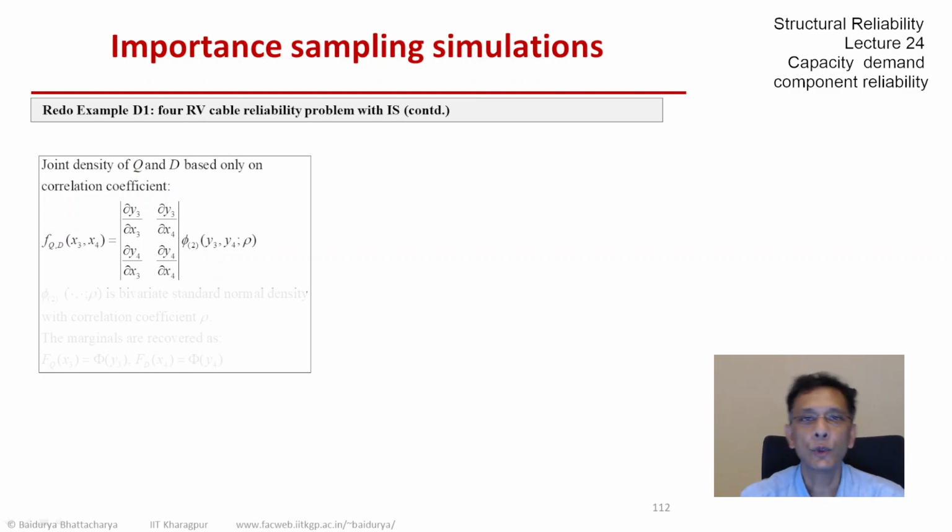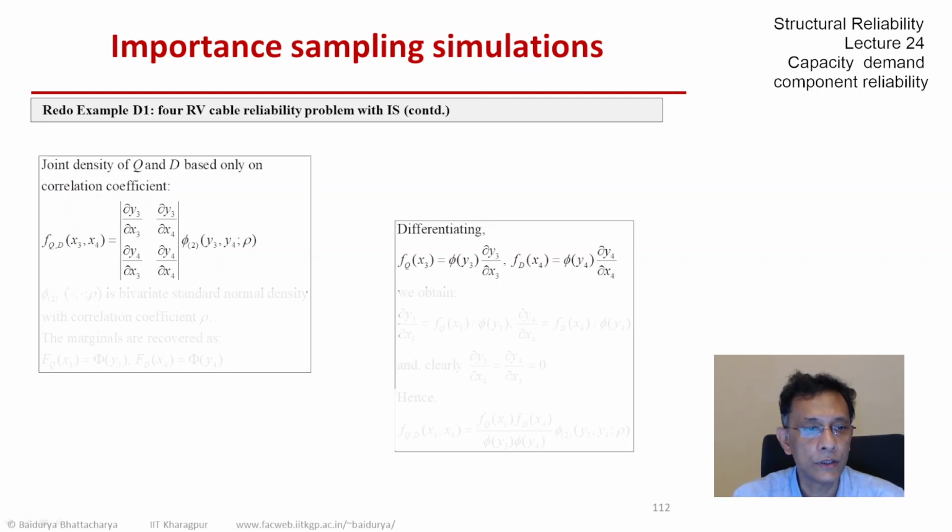So we can transform Q, D to y3, y4, the standard correlated normal bivariate. You see on your screen the Jacobian of the transformation, and phi 2 is that bivariate normal density.